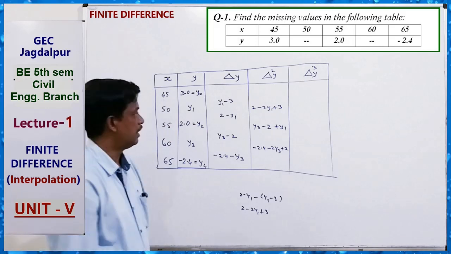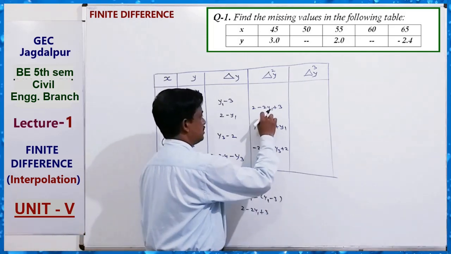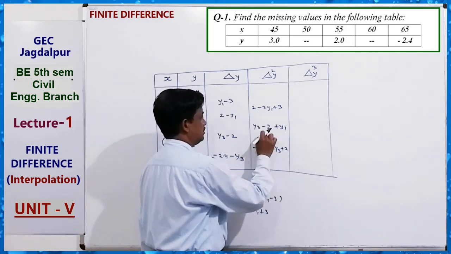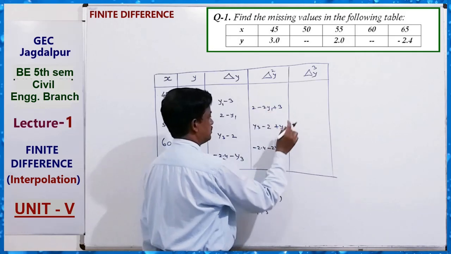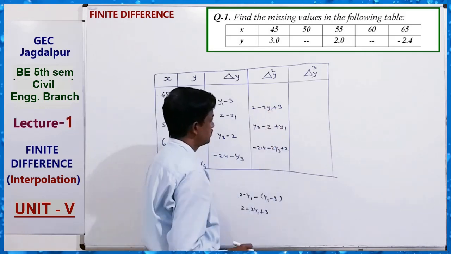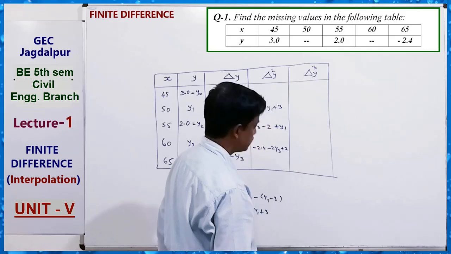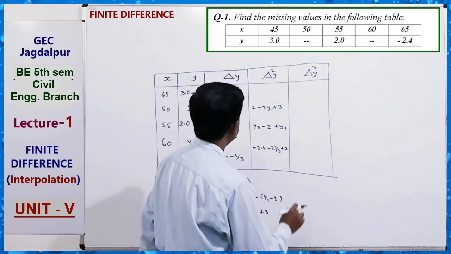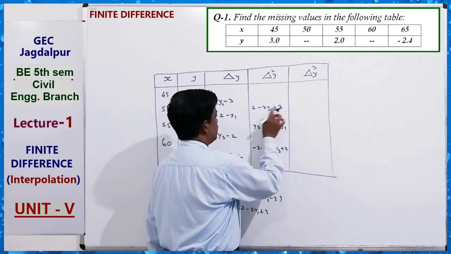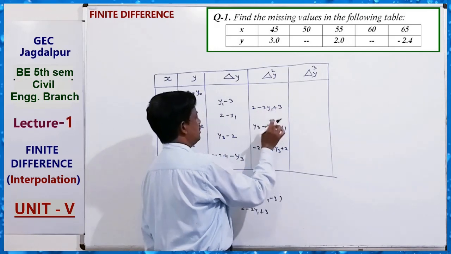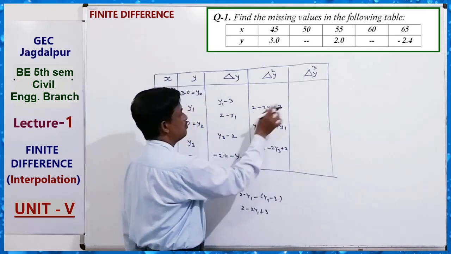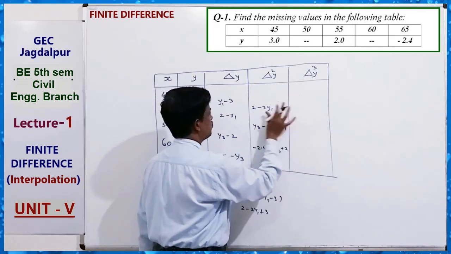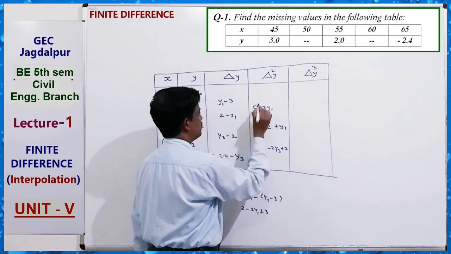Clear? And this minus this. It can be written like this: 5 minus 2y1.